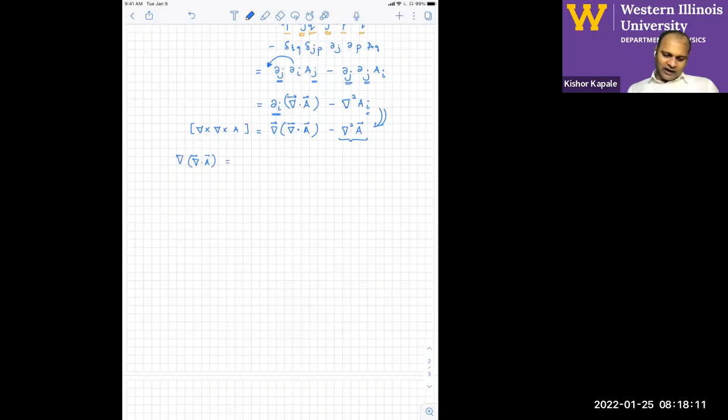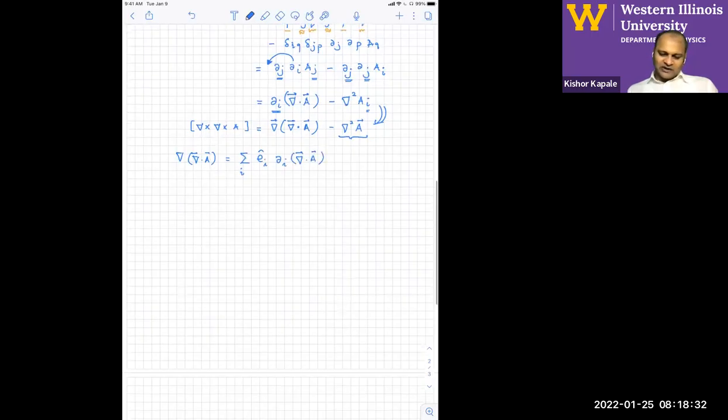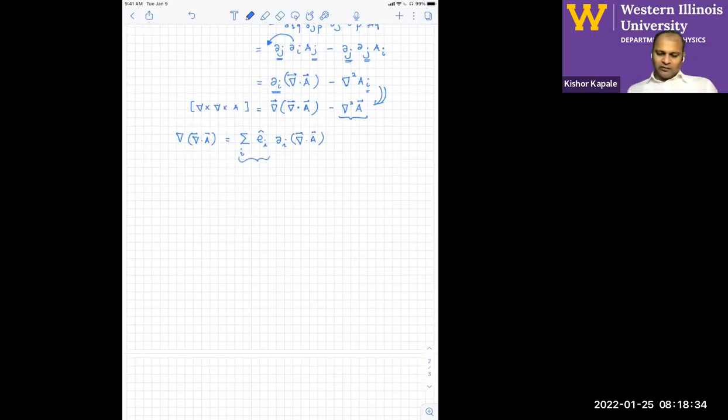This is going to have components, sum over I. I'm going to write it like this. Sum over I, right? EI, the unit vectors, times del I, right? Because it's just now a simple sum over I with EI being multiplied by each term. This part is easy. That's trivial.